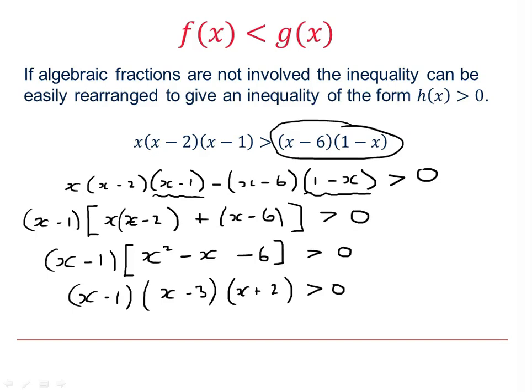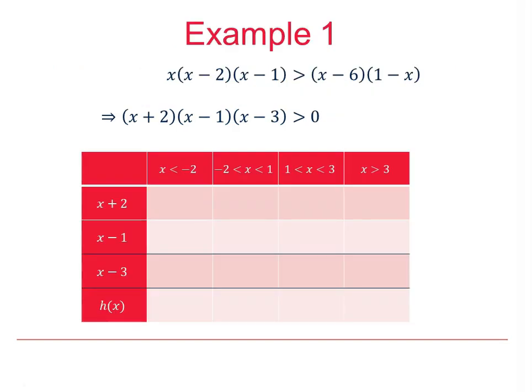So we've turned our initial inequality, where we've got functions on both sides of the inequality, into one where we've got greater than 0. And that can then be solved in the same way as we've seen in previous videos. Here's that written out again. Notice here I've just simply put these factors in order of when they change from positive to negative.